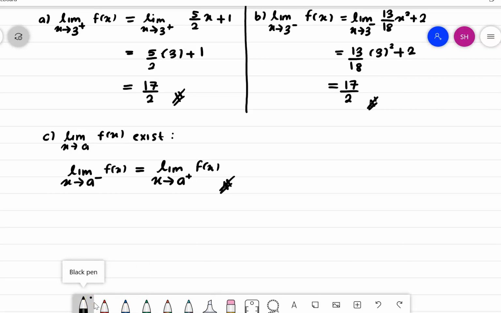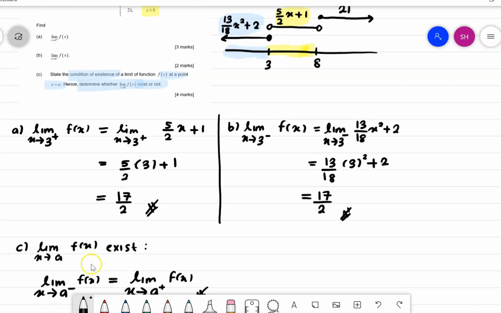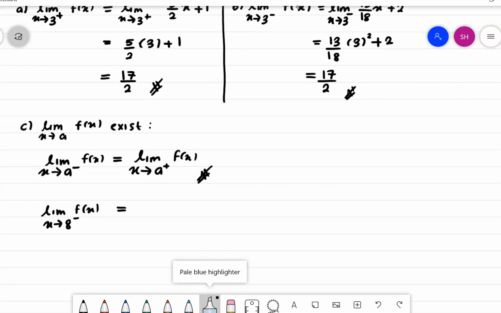So we check limit of f(x) as x approach 8 from left first. So from left, what is the function? Refer back to the number line for 8 from left. So this is the function 5/2 x plus 1.